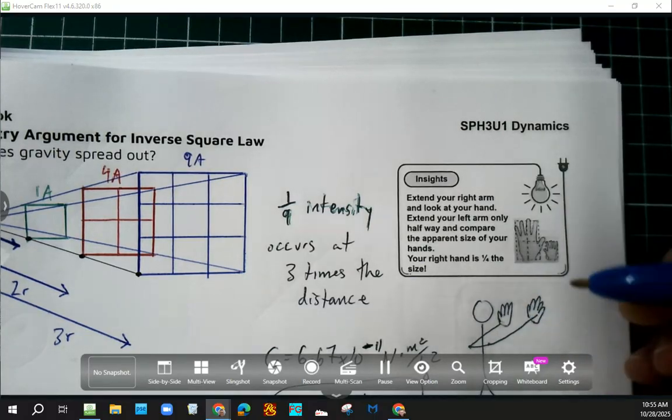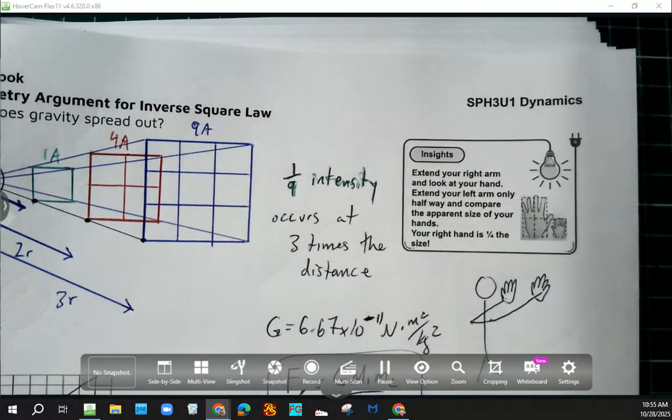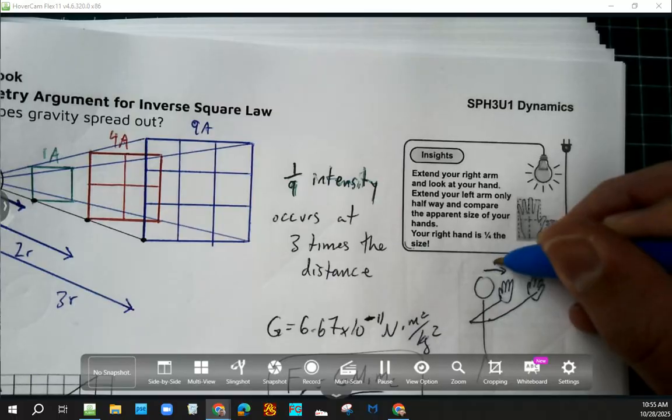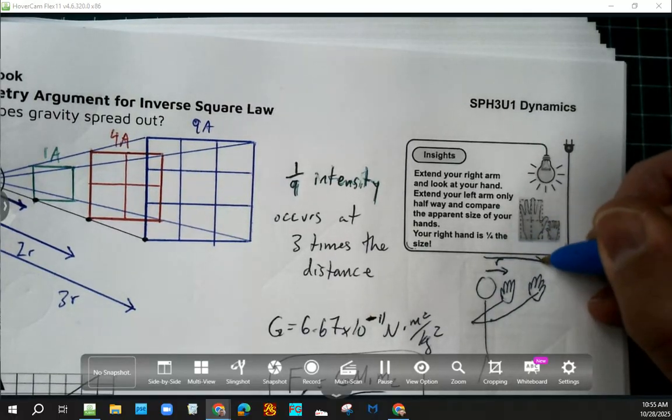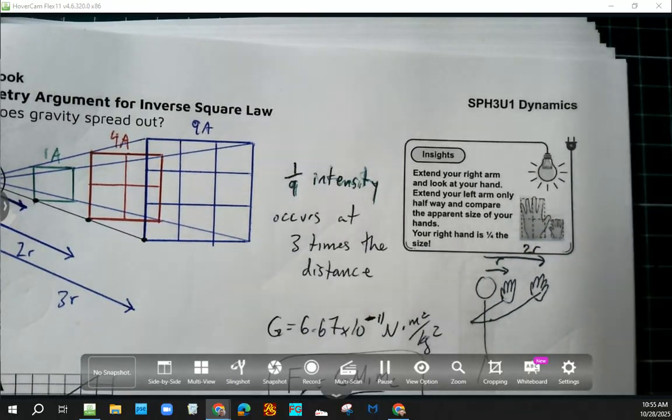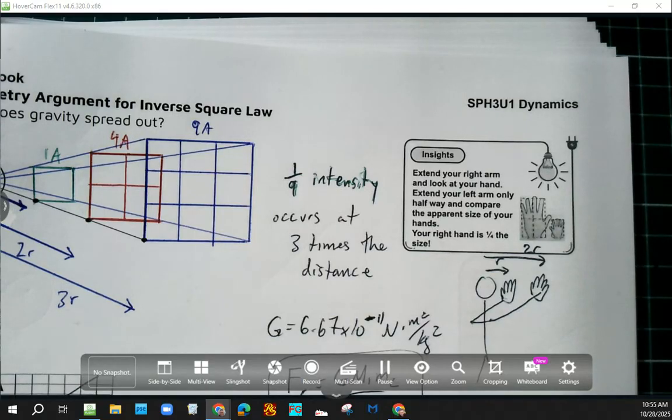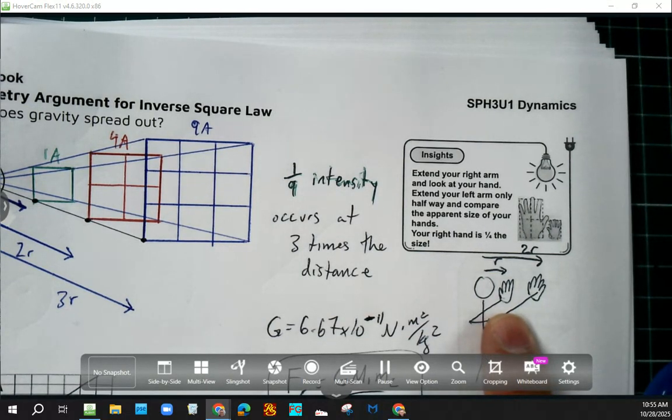Okay, this is my expert artwork. The first hand is a distance r away. The second hand is a distance 2r away. In other words, twice as far away. Go ahead and try it. I bet you can very easily take that near hand and more or less make it fit 4 times by shifting your hand around in front of the other hand.